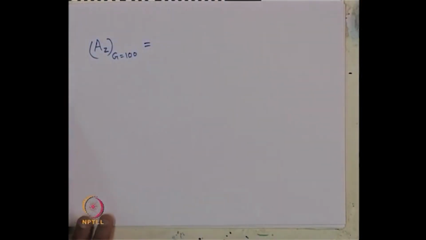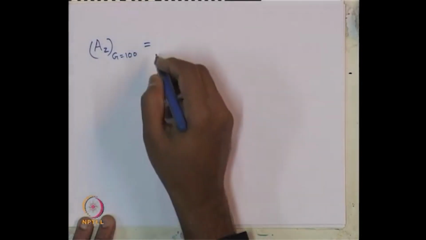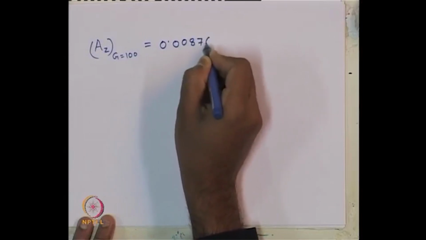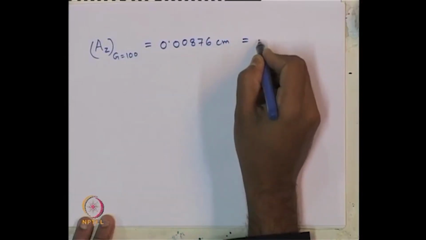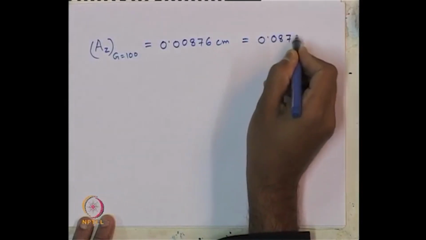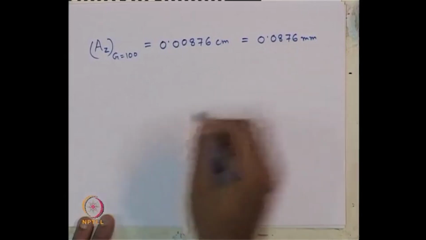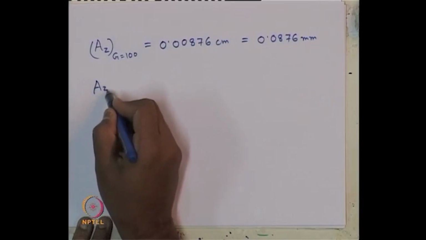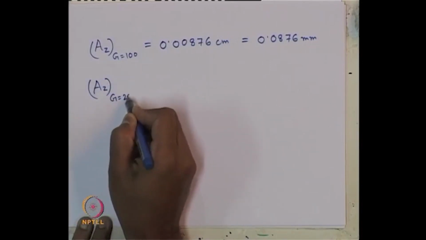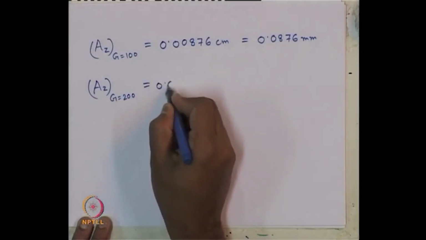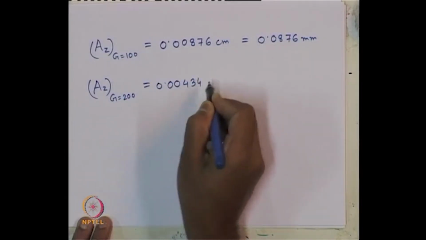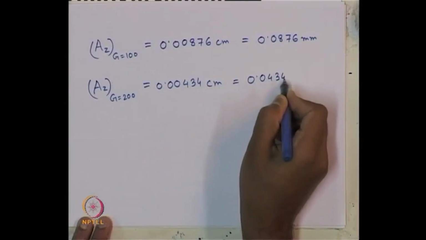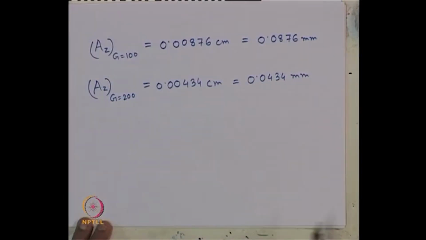How much is it coming? 0.00876 centimeter, which is nothing but 0.0876 millimeter, which is again much lower than the permissible limit. And Az with G equals to 200 is 0.00434 centimeter, so 0.0434 millimeter. All are within the permissible limit.